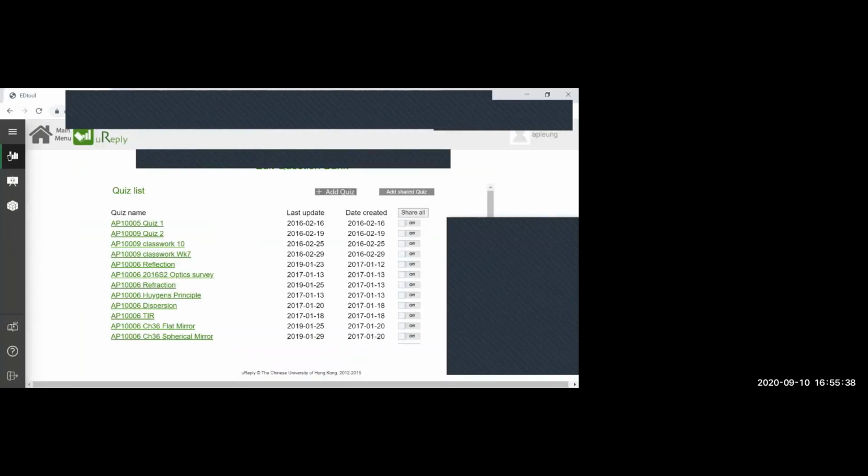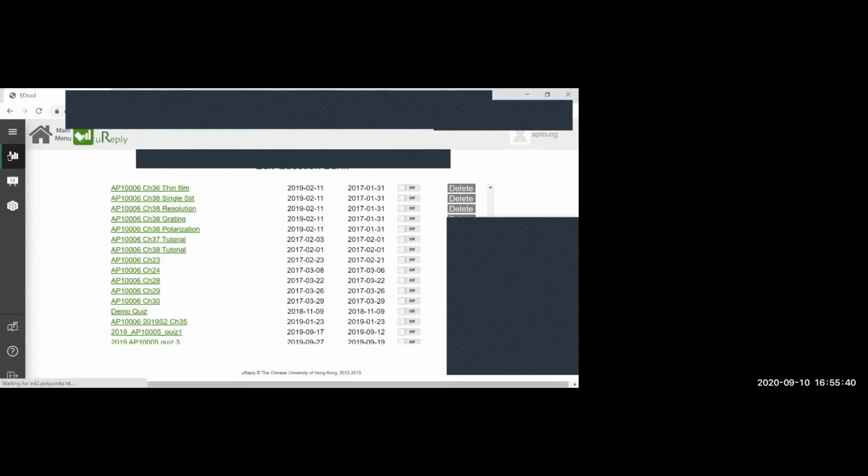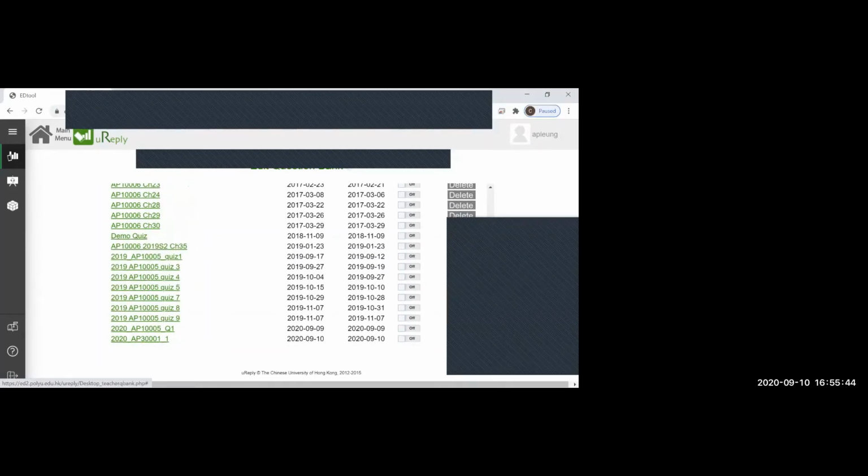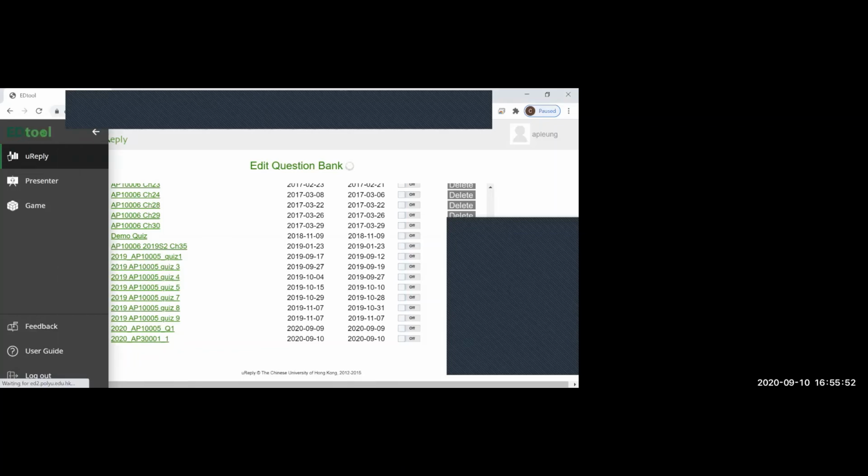Now let's try to work on some questions that are related to projectile motion. So here, we would have a short quiz. Let's see if it works.